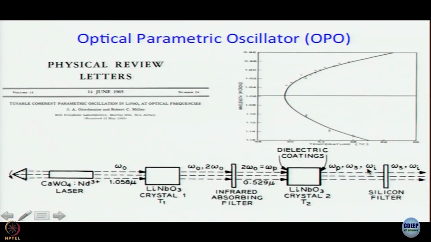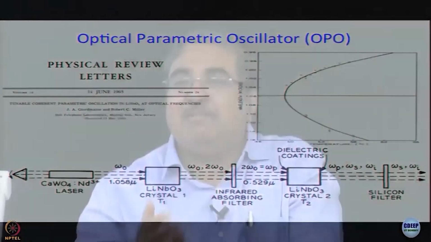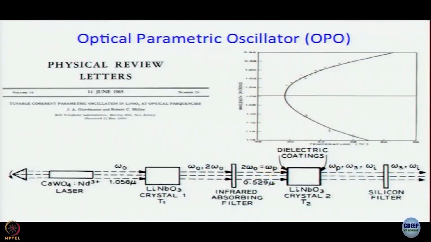Of course, you understand that for a particular value of omega s, the frequency of the idler gets automatically determined, because the frequency of the pump is known, that is 2 omega 0, 1058 multiplied by 2 in nanometer, and the frequency corresponding to that.